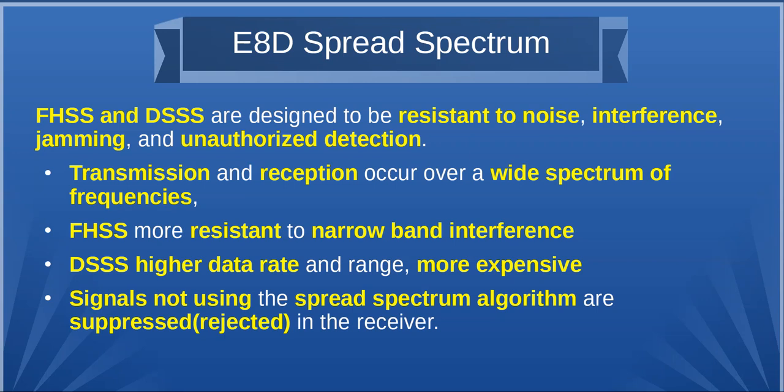And they claim that if you're not using the spread spectrum algorithm, that the signals are suppressed. I said rejected. They basically aren't decoded. So I don't know that it actually suppresses them more than ignores them.